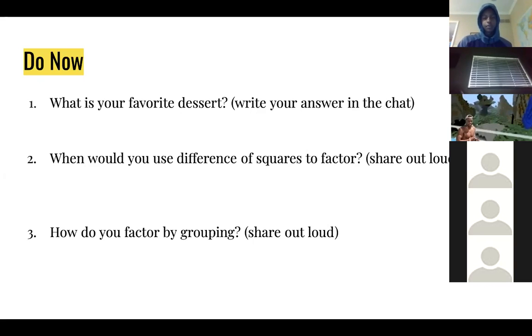All right, number 3, how do we factor by grouping? What do you have for me, Clervins? With the magic X? The magic X is if you have 3 terms. Remember, grouping was the last thing we talked about yesterday. When you have 4 terms, how do we factor by grouping?